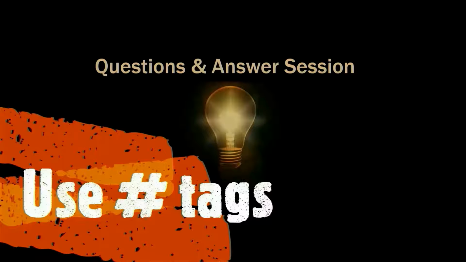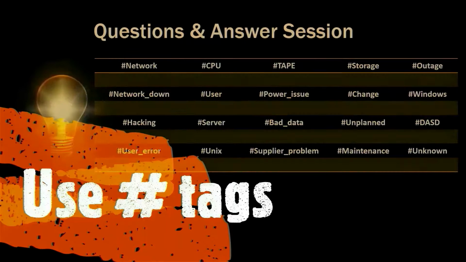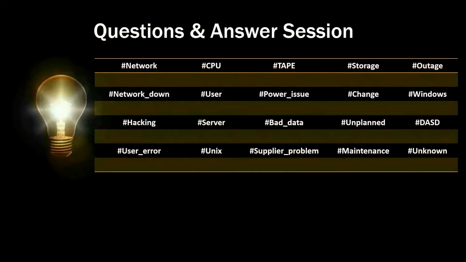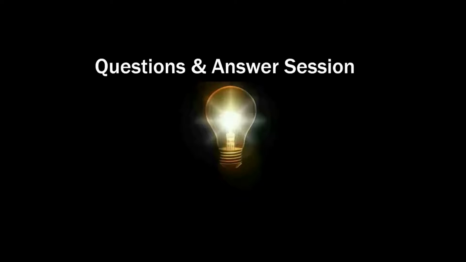What I'm suggesting is that you tell everybody that if it's a problem with the network, the ticket starts with network. If it's a problem with a server, it starts with server. If it's a problem with CPU, you put CPU.